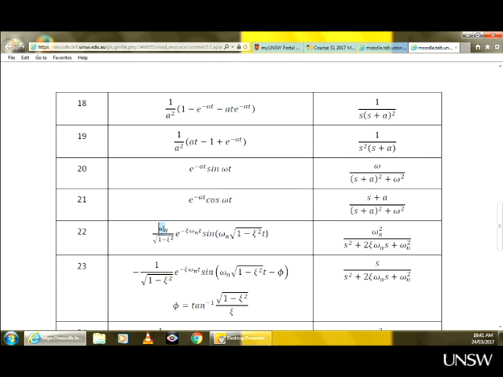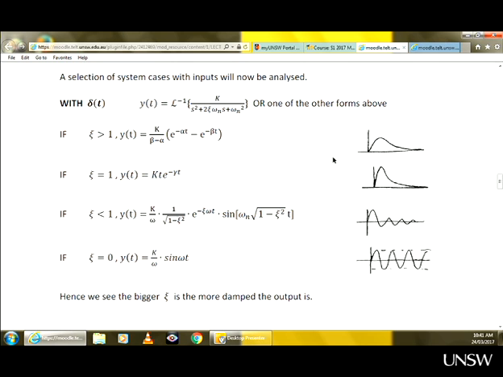So that means in the time domain, we'll have a constant, a decaying exponential function multiplying a sinusoidal function. Okay, constant, decaying exponential, and a sine function.